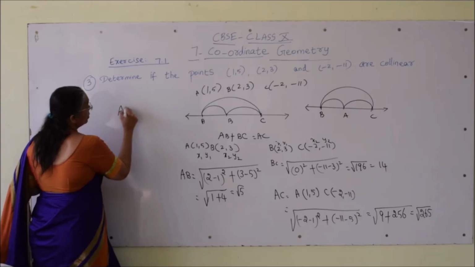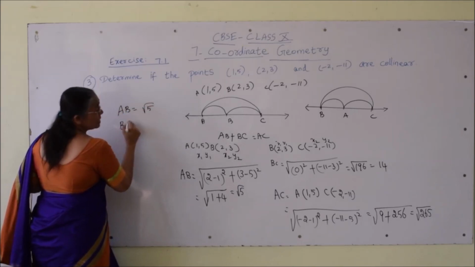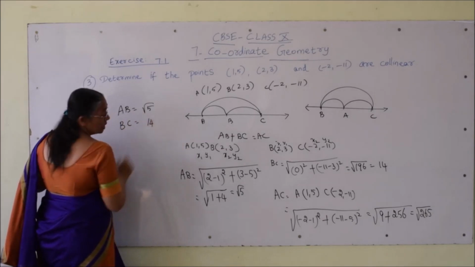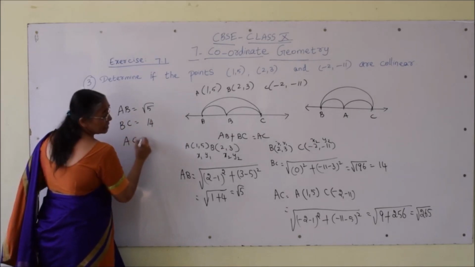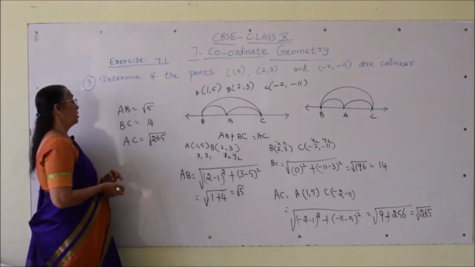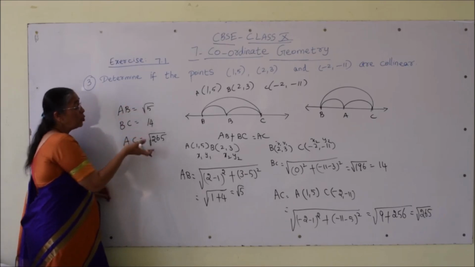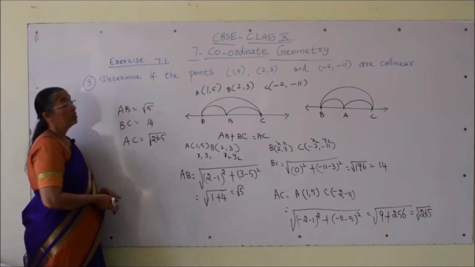Now, we got the distance AB as root 5, BC as 14 and AC distance as root over 265. When we observe these values, the sum of any two values will never give the third value.